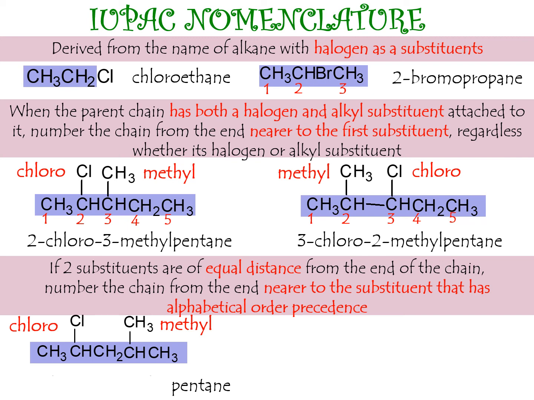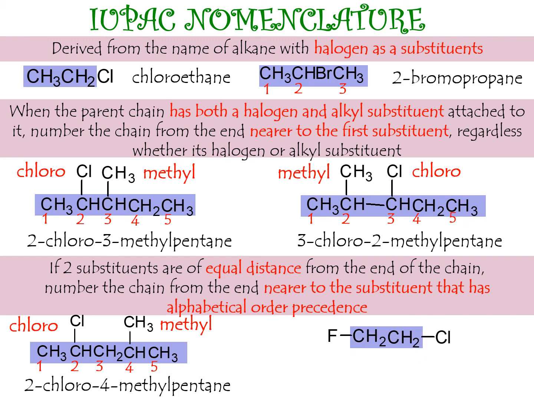Methyl is also located at carbon number 2 but from the right-hand side of the parent chain. In this case, number the parent chain from the end nearer to the substituent that has alphabetical order precedence. We need to consider C in the word chloro first, followed by M in the word methyl. Therefore, number 1 starts from the left-hand side of the parent chain. Thus, the IUPAC name of this compound is 2-chloro-4-methylpentane.